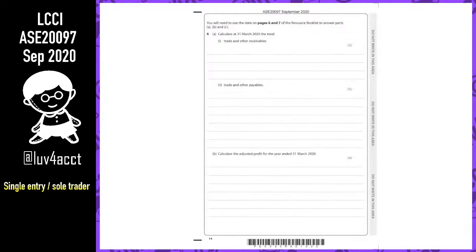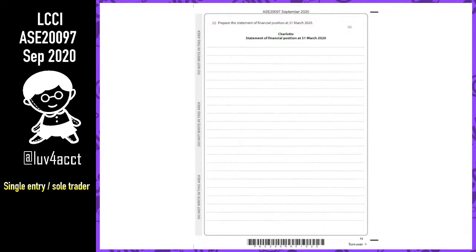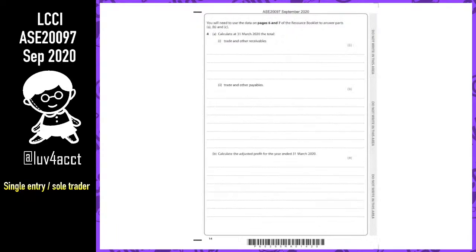So again, let us take a look. We have to calculate for 31st March year 2020 the closing balance of trade and other receivables, trade and other payables, and then the adjusted profit, and then the statement of financial position.